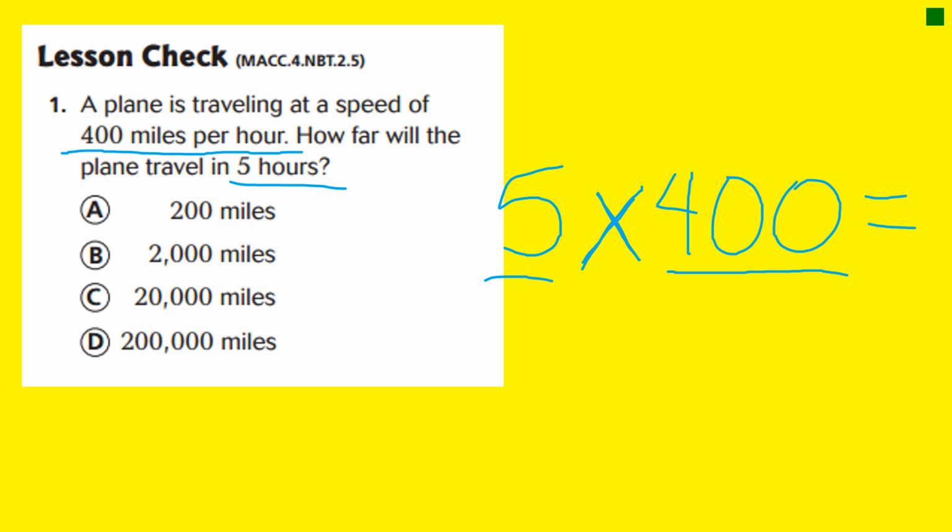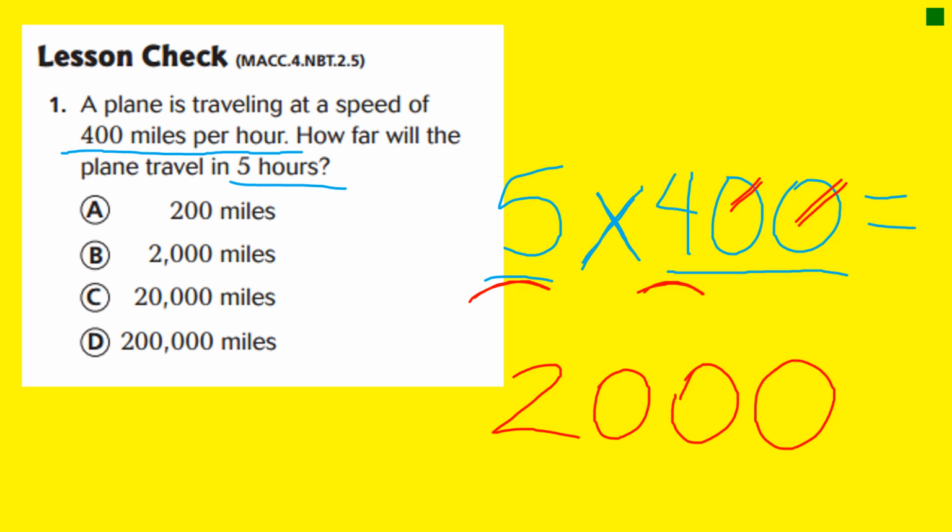Okay. So basic fact is 5 times 4. And then it's not 5 times 4, it's 5 times 400 though. So a onesie, a twosie, onesie, twosie. We just made 20 100 times greater.